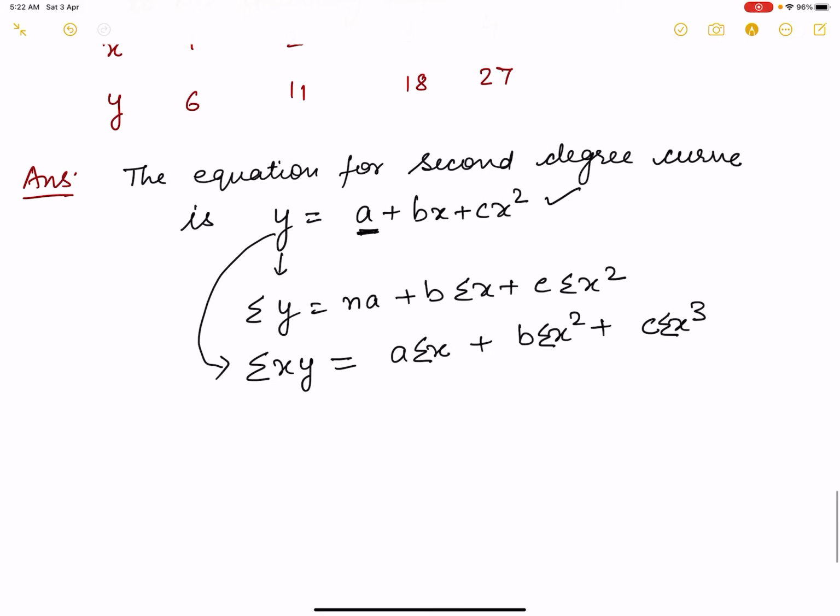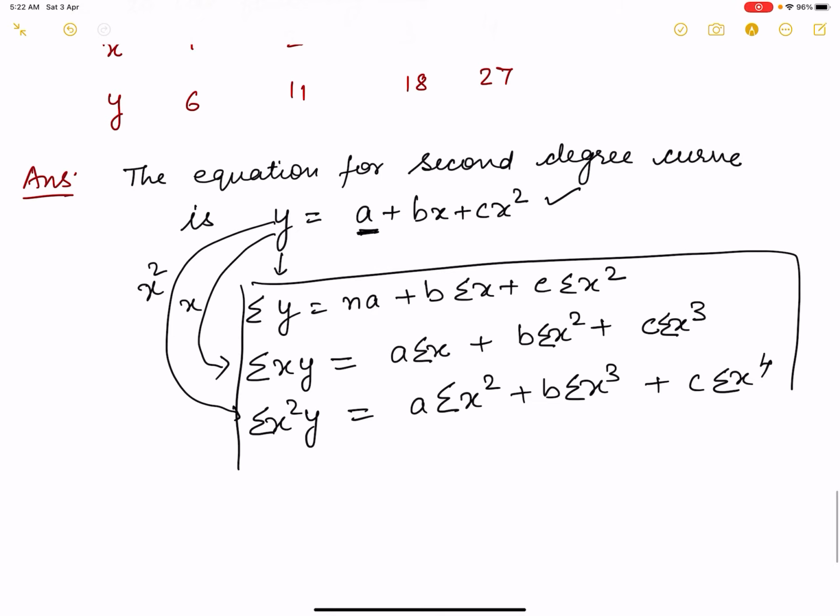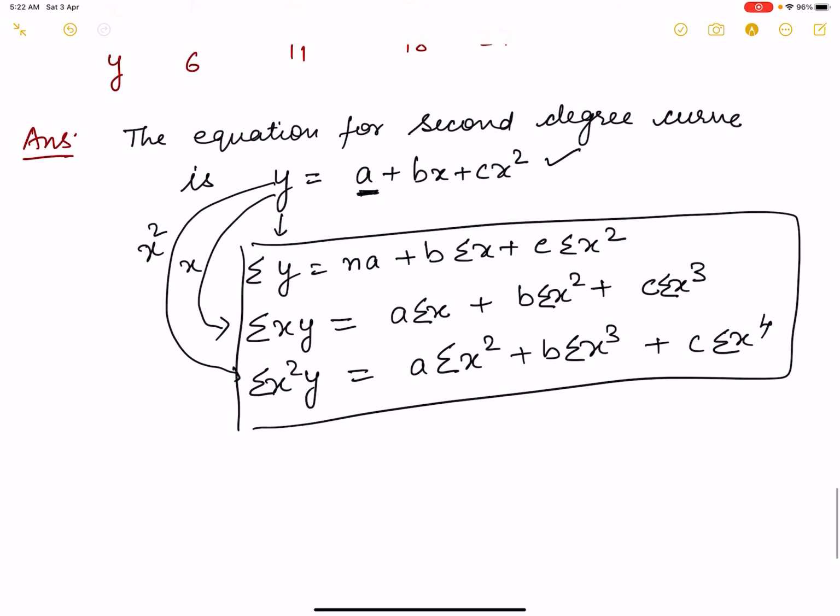Now multiply the same equation by x square and then take summation. And now I'm taking the sigma sign and this is summation. And this is called now the normal equation, students.